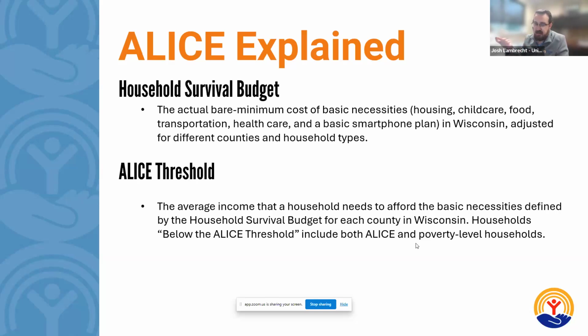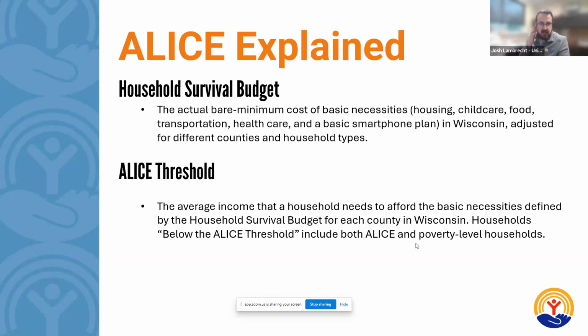So it has the different categories there. But for many, we hear about things like the Consumer Price Index as a benchmark for how much things cost. The problem is that Consumer Price Index includes a whole bunch of luxury goods, travel, other things that really, for our ALICE population, those aren't the basic needs that they need to afford on a regular basis.